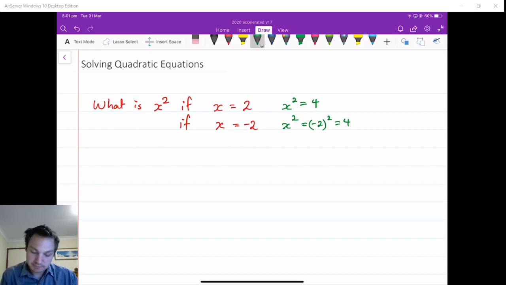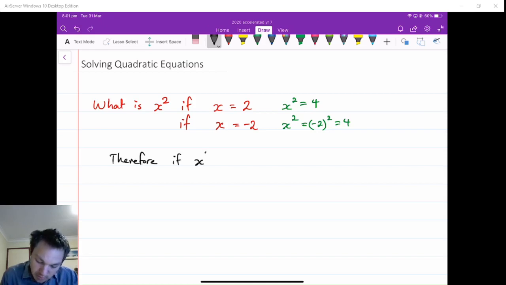Therefore, if x squared is equal to 4, I have two answers for x that make this true.